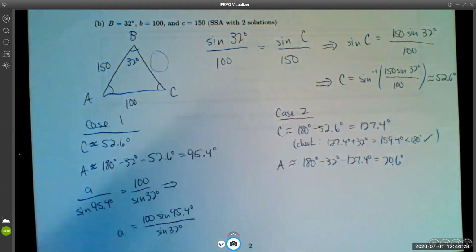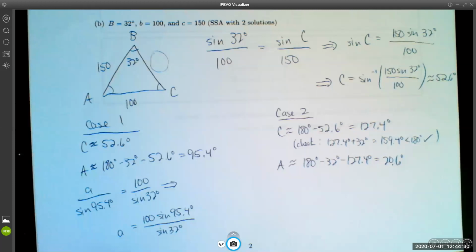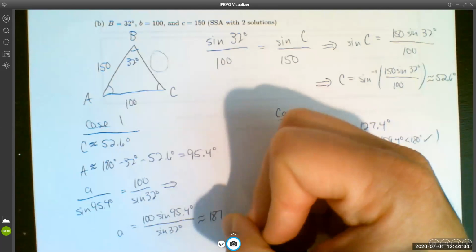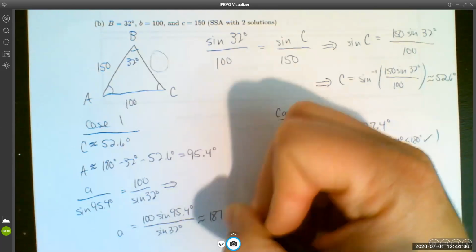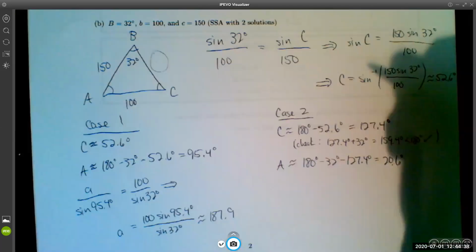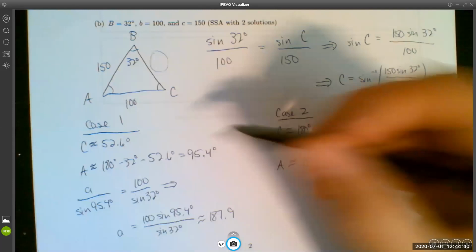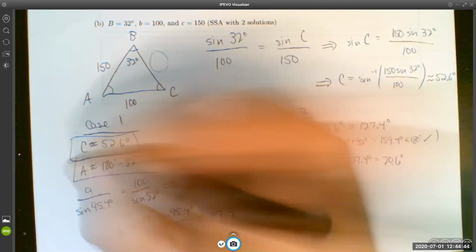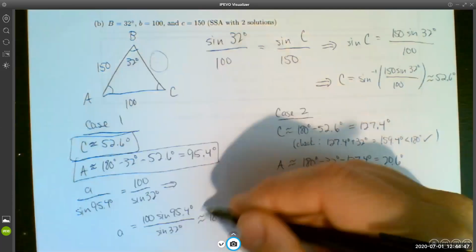That's about 187.9. Okay, so there's one possibility, right? That C equals 52.6, A equals 95.4, and side A equals 187.9.